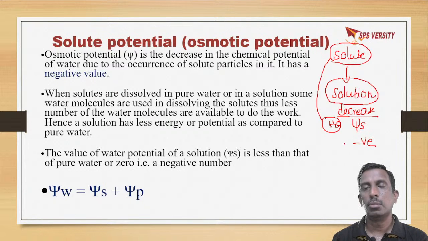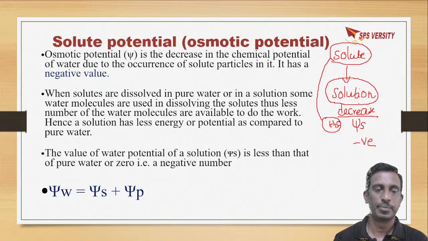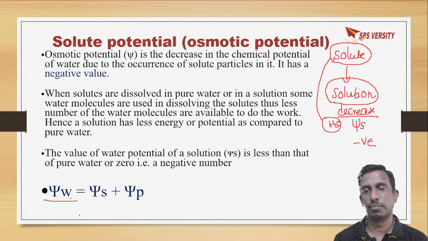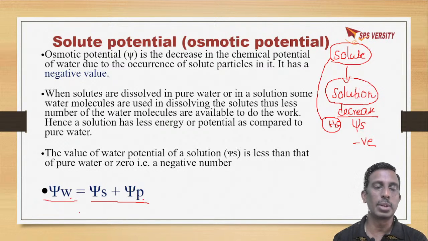Solute potential added with pressure potential gives the value of water potential. So water potential is the sum of solute potential plus pressure potential. Psi P means pressure potential, psi S means solute potential, and the sum of these two values gives water potential.